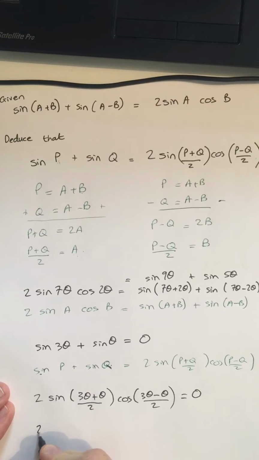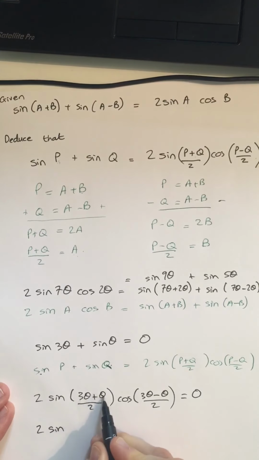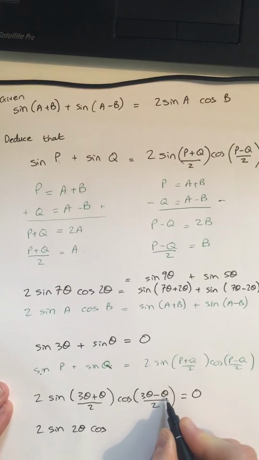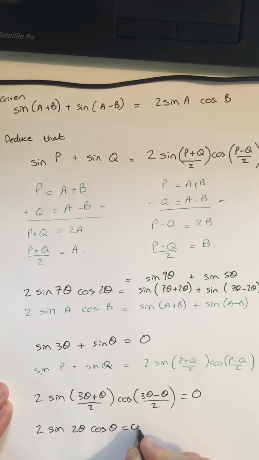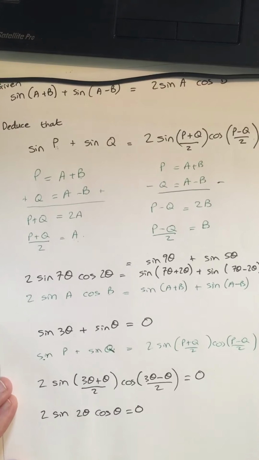I can now simplify this. 3 theta plus theta is 4 theta, divided by 2 is 2 theta. 3 theta minus theta is 2 theta, divided by 2 is theta. I could divide both sides by 2, so sine 2 theta cos theta equals 0.